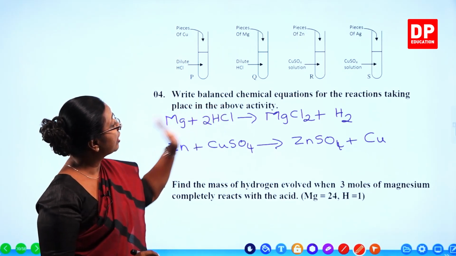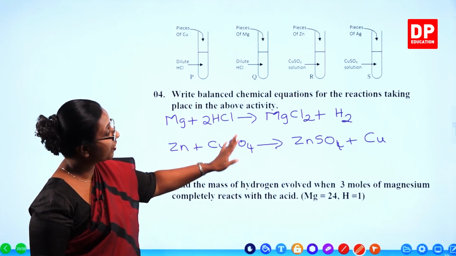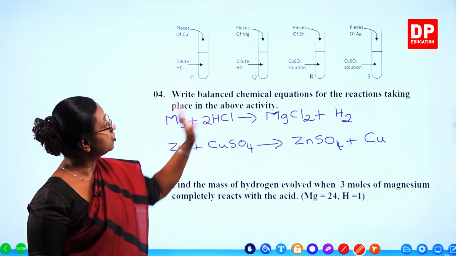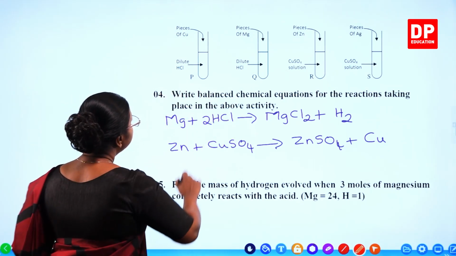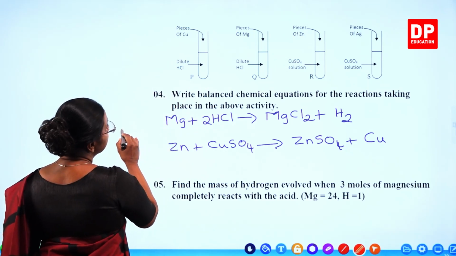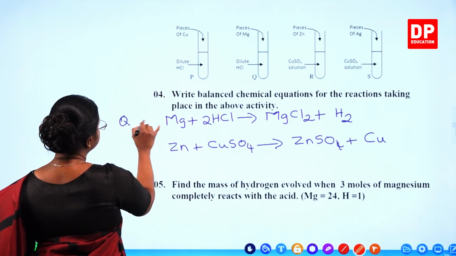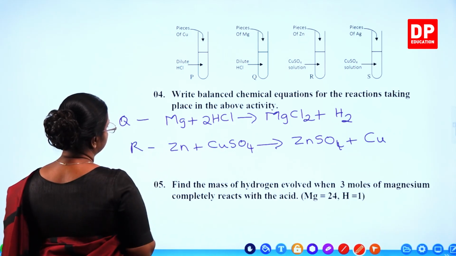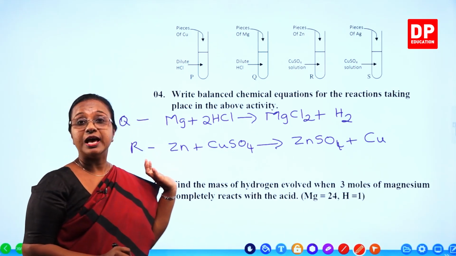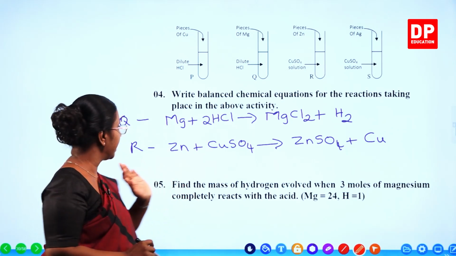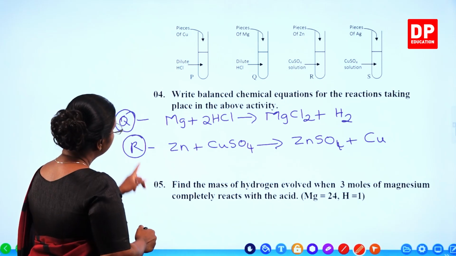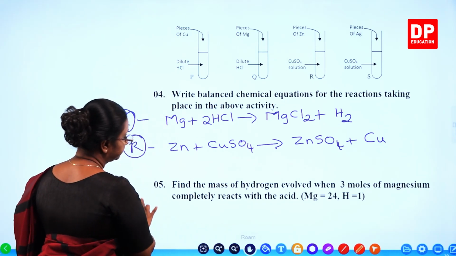So, they want you to write balanced chemical equations for the reactions taking place in the above activity. Other two, there are no reactions. If we want, we can put this as Q and this is R. So, in only those two, there are reactions. In the other ones, there are no reactions. Q and R only.